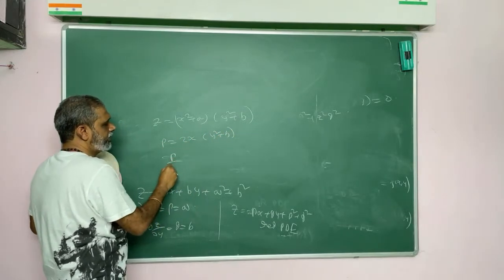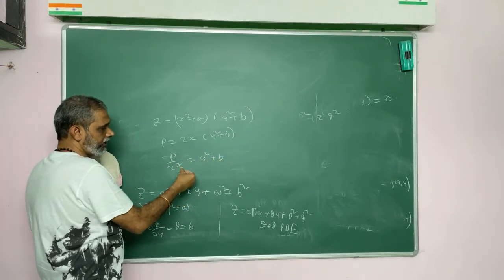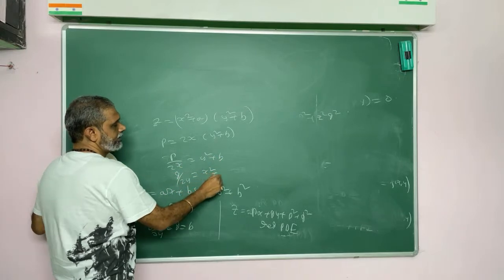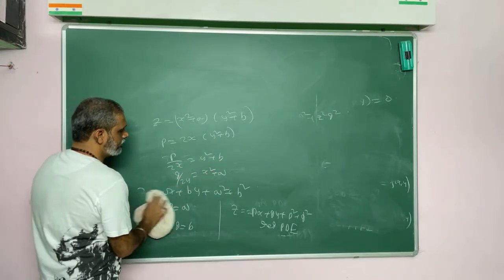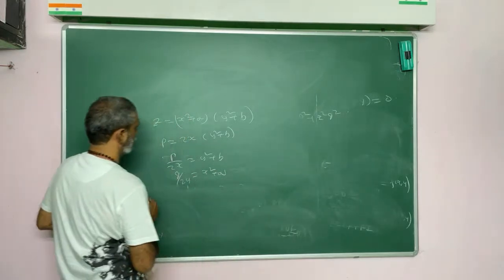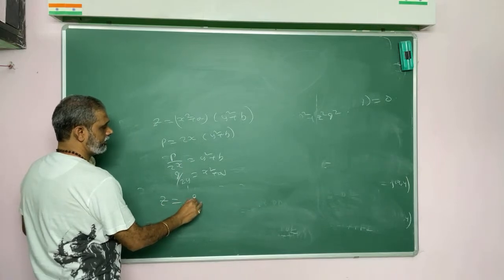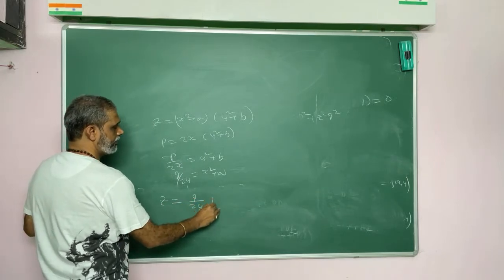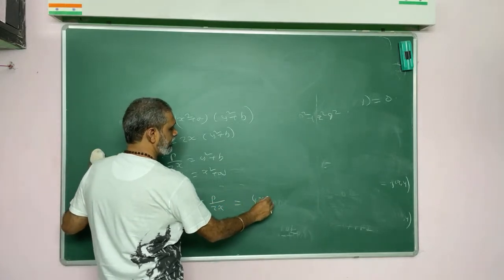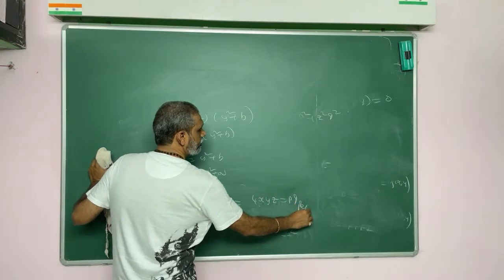So p by 2x is equal to y square plus b. Similarly, q by 2y is equal to x square plus a. Go back and substitute. z is equal to q by 2y times p by 2x. This is equal to 4xyz is equal to pq. This is the required PDE.